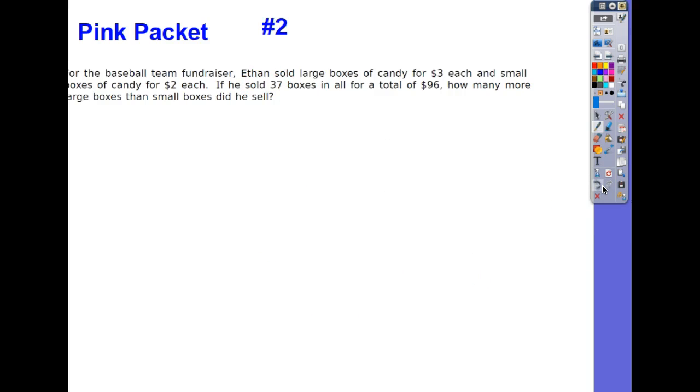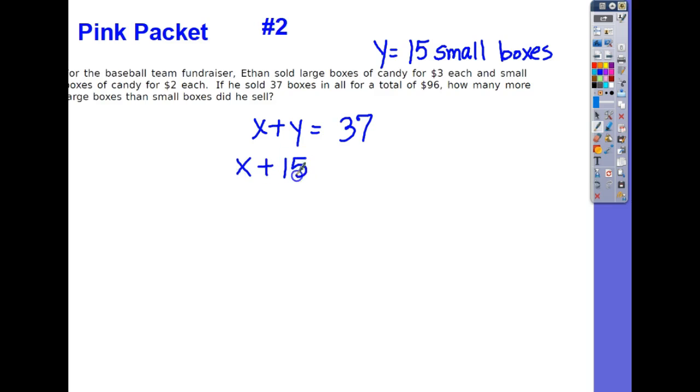Y equals 15, and that was small boxes. Now, I had an equation like this, x plus y equals 37. The total number of boxes was 37. So then I plug in the 15, and I solve for x, and so how much is x equal to?